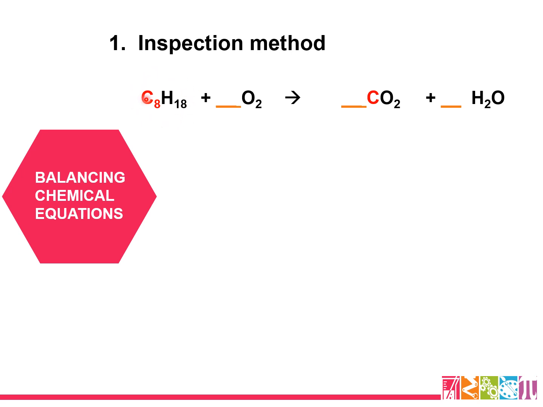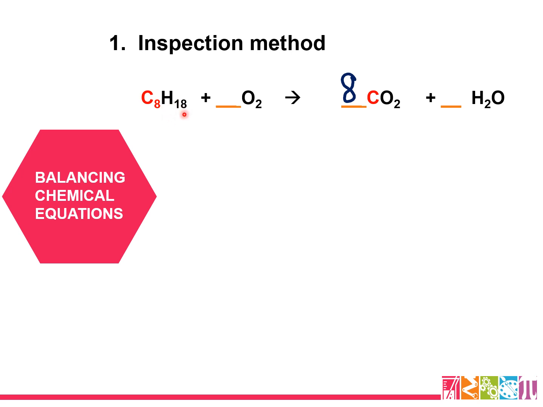The left side contains 8 carbon, the right side only 1 carbon. So how to balance it? We put 8 moles of carbon dioxide to balance the number of carbon on the right and left sides, so we get 8 carbon on the left and 8 on the right. Next, proceed with H18.